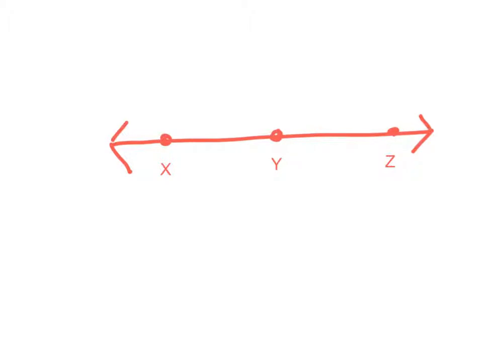How many different line segments can you name using the 3 points marked on this line? Well, I see several of them. I would say XY is a line segment. YZ is a line segment.